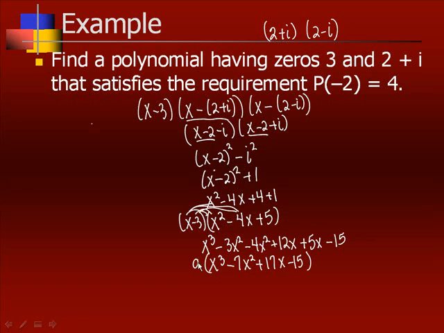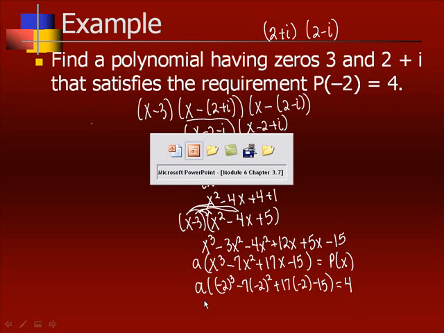Now remember, this is times a, to be equal to p of x. Now they're telling us x is negative 2, so we've got negative 2 to the third minus 7 times negative 2 squared plus 17 times negative 2 minus 15, and that's equal to 4.